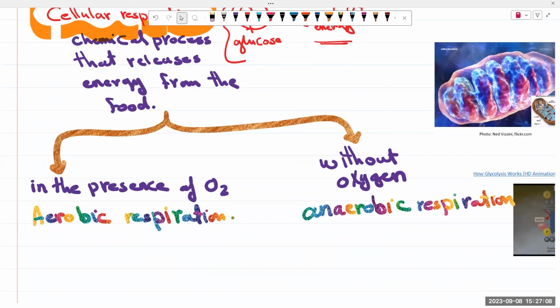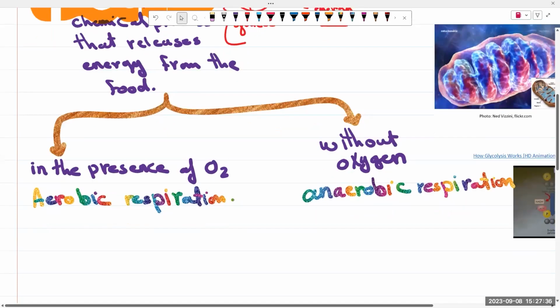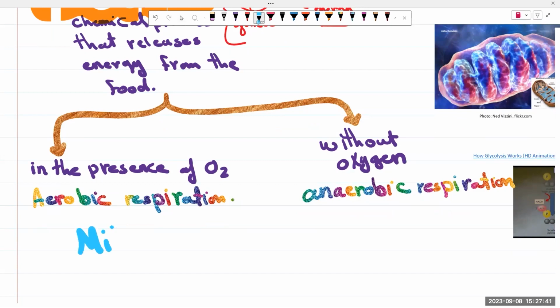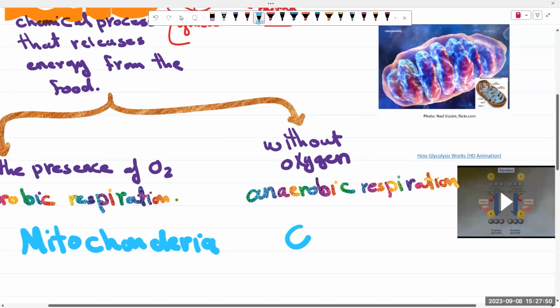Let me remind you. Yes, mitochondria, Renad said. So aerobic respiration takes place in the mitochondria. It's totally correct. But anaerobic respiration takes place in the cytoplasm.